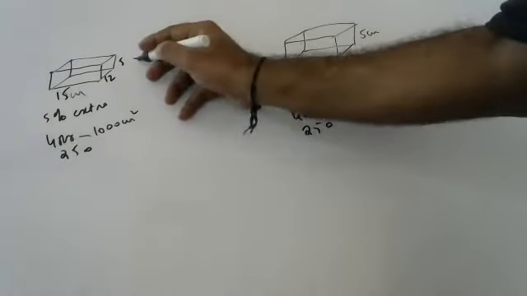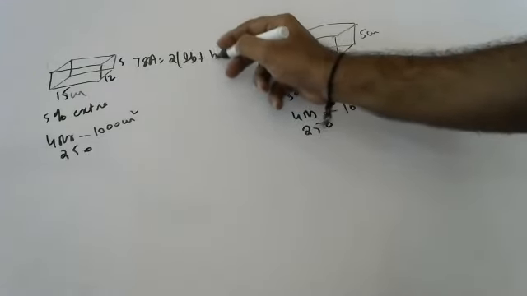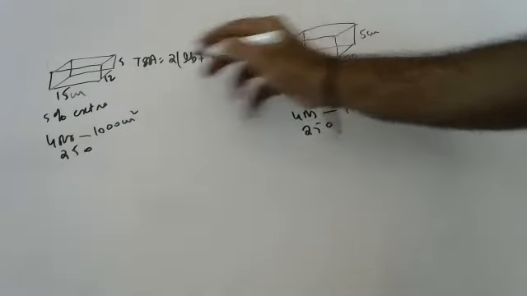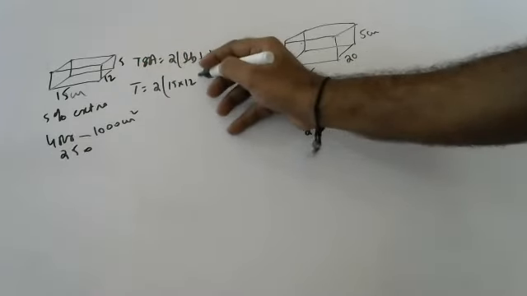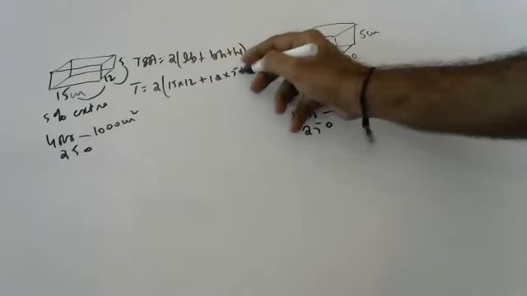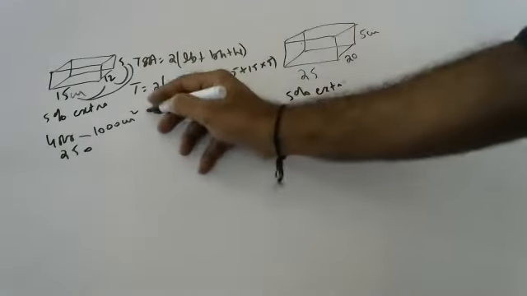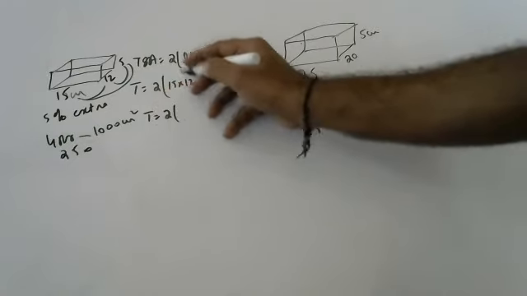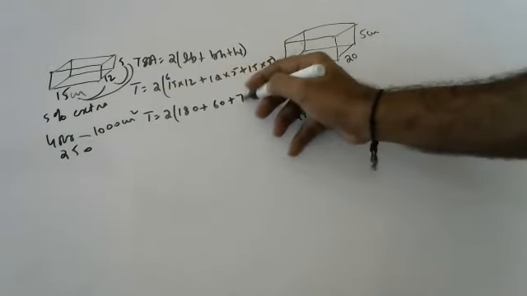First we will find TSA. What is the formula of TSA? 2 into LB plus BH plus HL. So TSA is 2 into 15 into 12 plus 12 into 5 plus 15 into 5. 2 into 180 plus 60 plus 75.